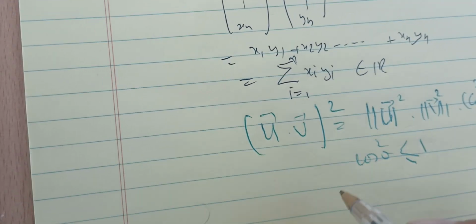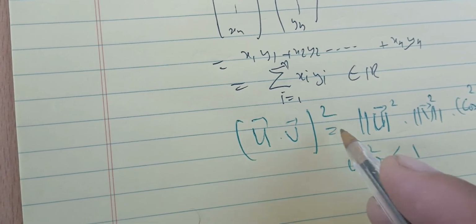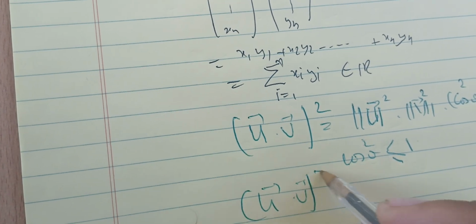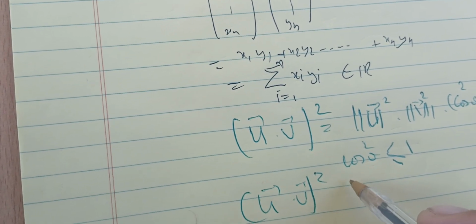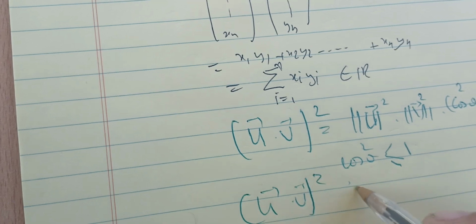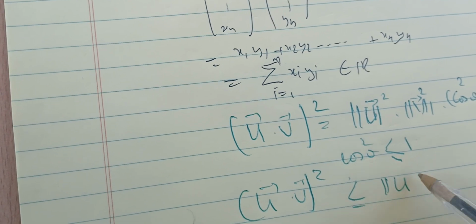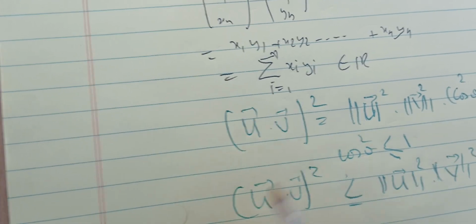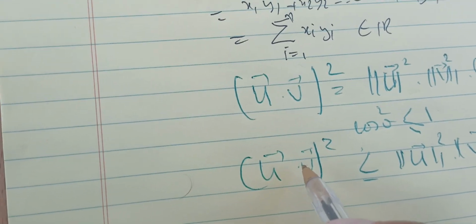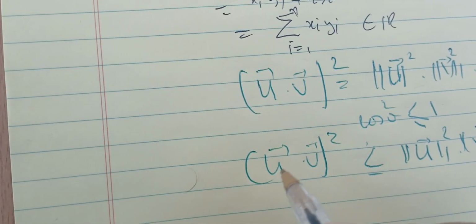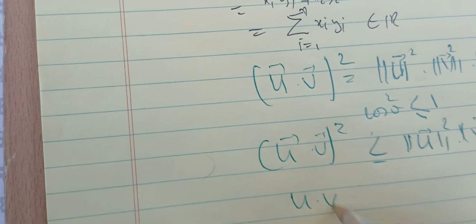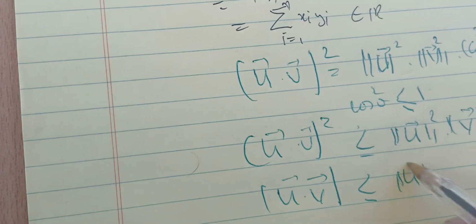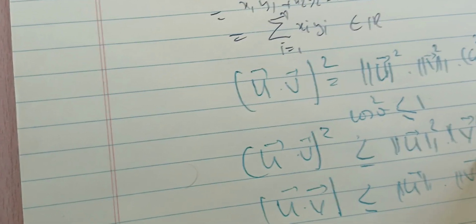So u dotted with v squared is less than or equal to the norm of u squared times the norm of v squared. Now if we take the square root, the absolute value of u dotted with v is less than or equal to the norm of u times the norm of v.